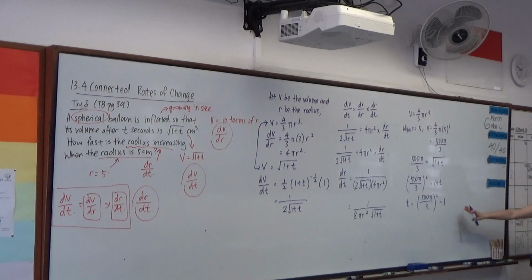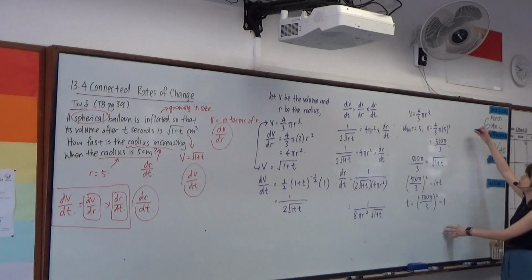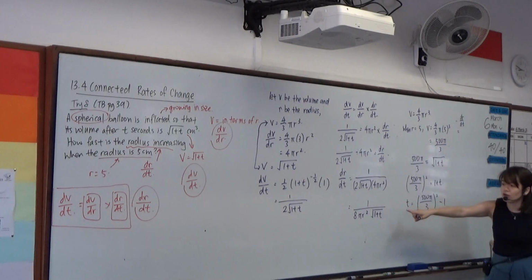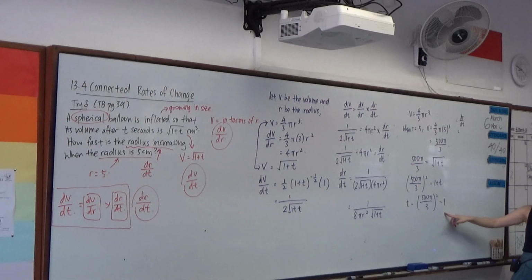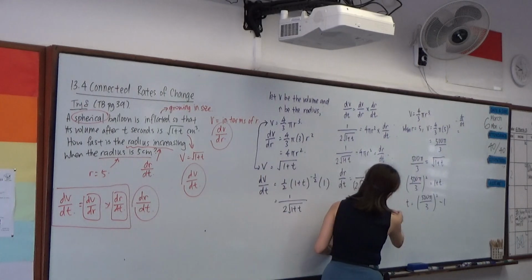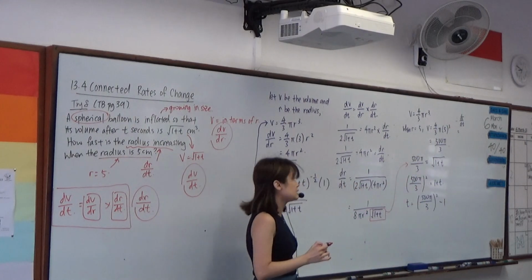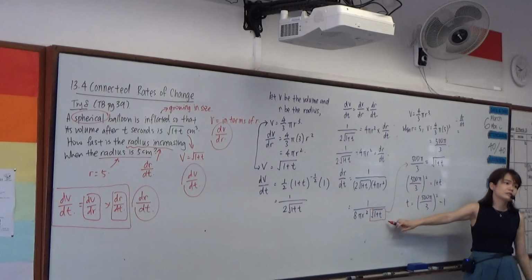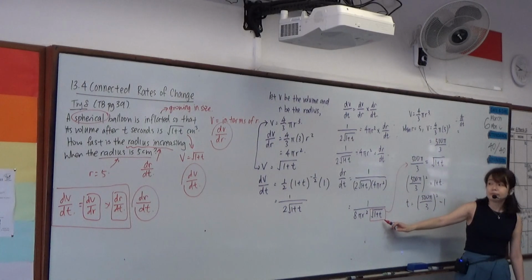Just keeping everything exact because later on I need to substitute inside here. So my dr over dt, using the substitution of r equals 5 and t equal to this. Alternatively, of course, you could also observe that square root of 1 plus t is equal to 500 pi over 3. So you could actually substitute just 500 pi over 3 to replace the entire square root instead of taking this t and placing it inside here.